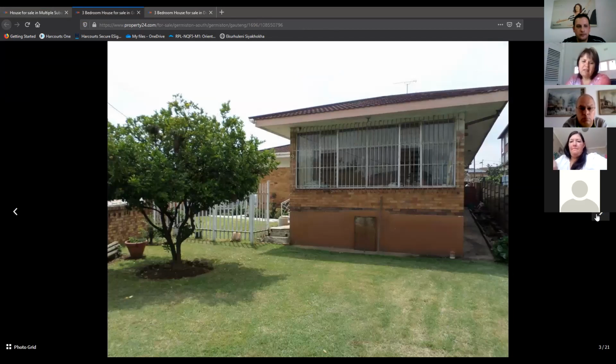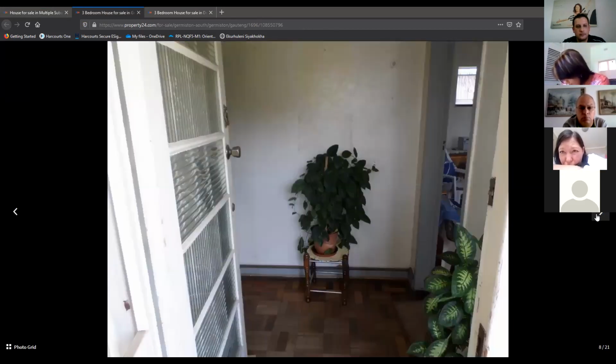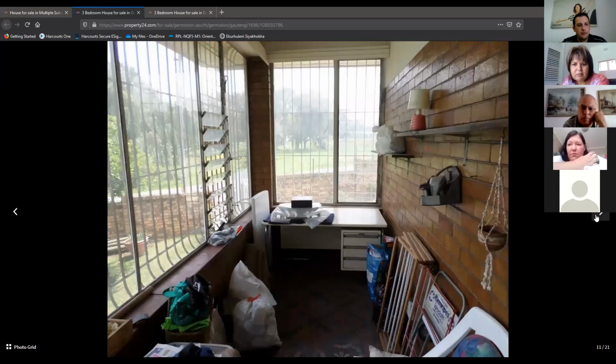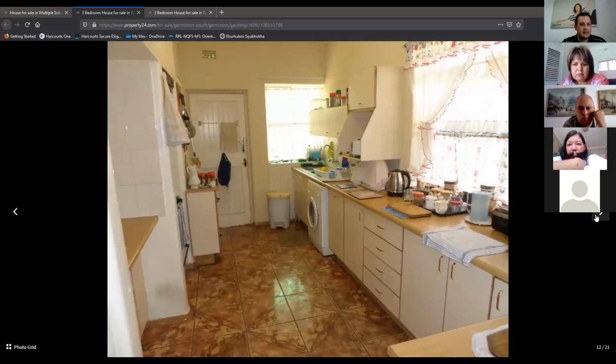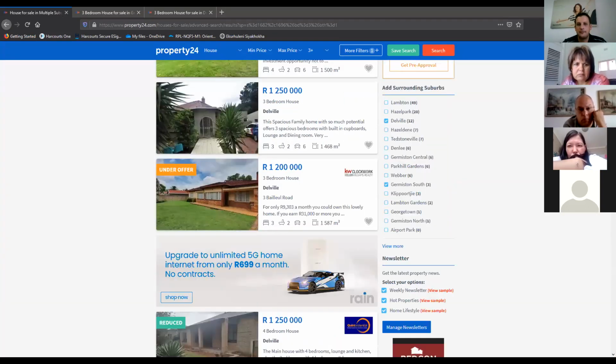But isn't Delville, I know it's much, isn't it the same as Park Hill Gardens? So Upper Delville is, but in Park Hill Gardens you're going to find the norm. Let's pull in Park Hill Gardens as well.